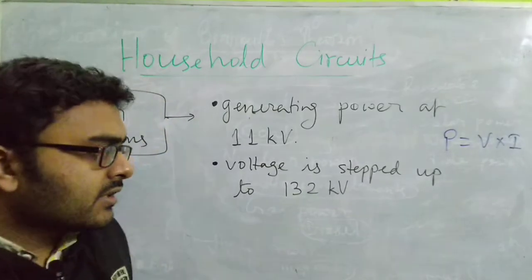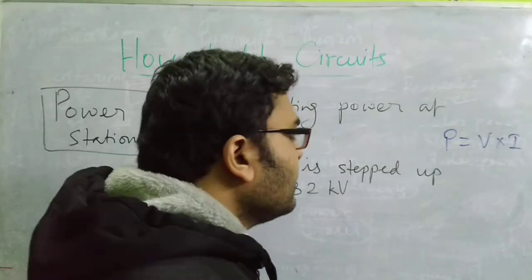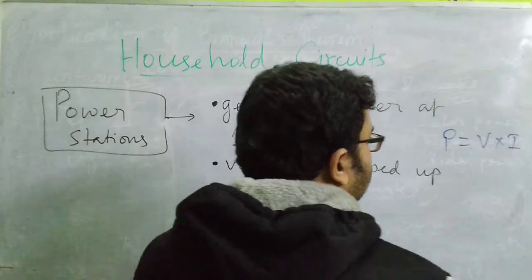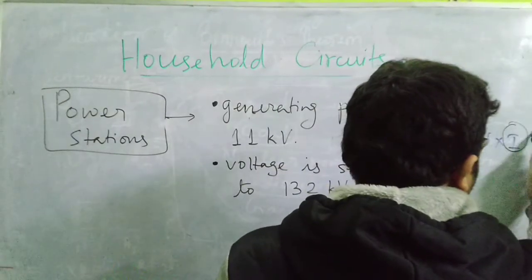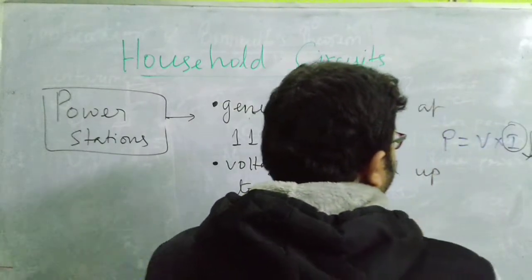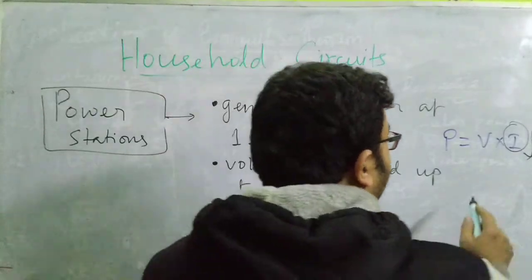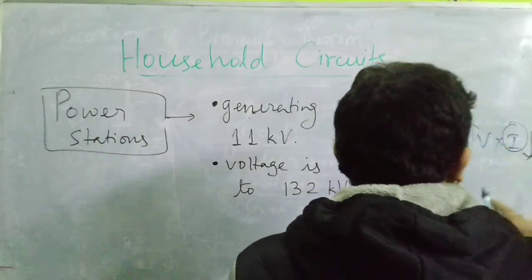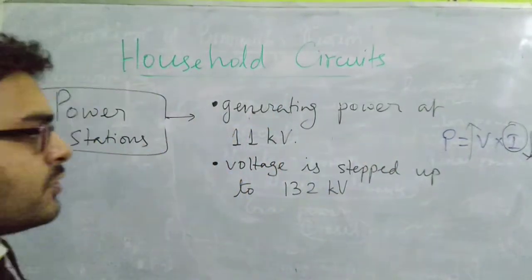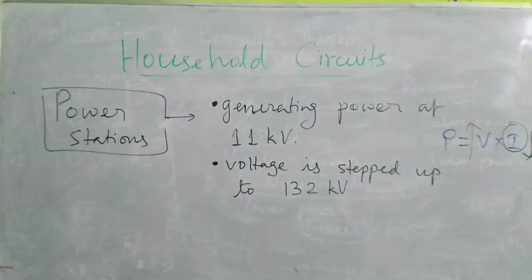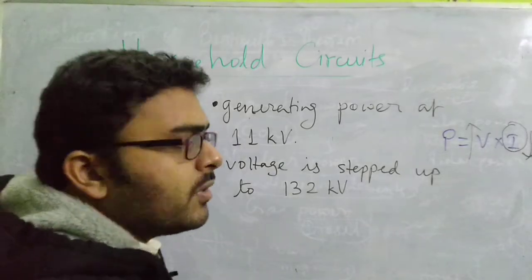So we try to keep this current as low as possible, so that the heat loss is minimized, and for that you need to increase the voltage. Okay, so in this way we increase the voltage at the end of the power station in order to reduce the power loss in the form of heat.